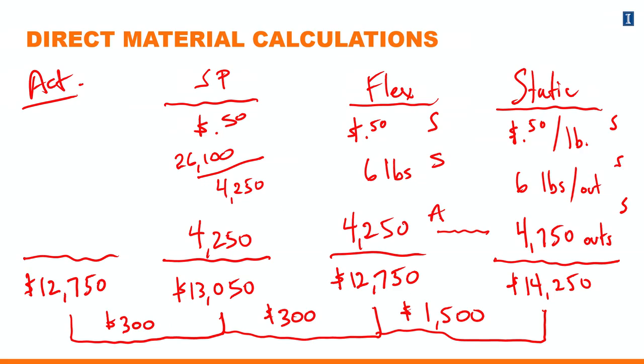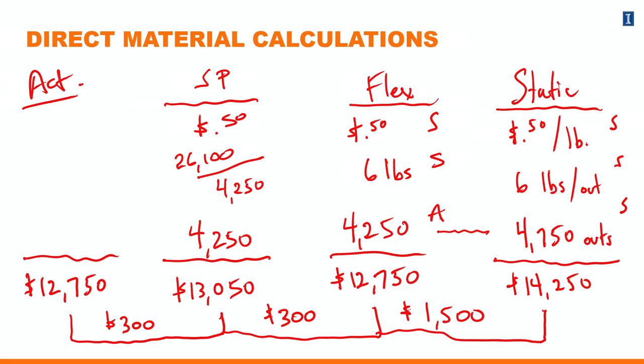So comparing just these two columns, the more actual piece of information is represented in the flexible budget column, at least compared to the static budget column. So the static budget column is our standard world, or budgeted world, and the flexible column is our pseudo-actual world. Well, these are direct materials costs.